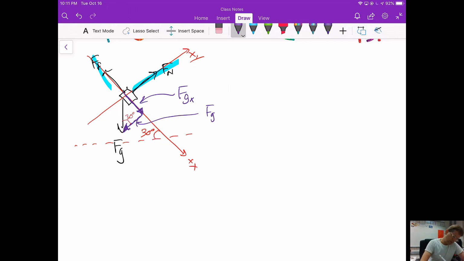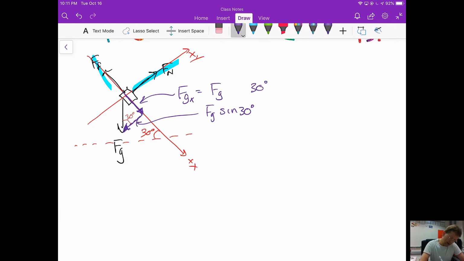So looking at the triangle, you can see that FGX is equal to FG times the cosine of 30 degrees, and FGY equals FG times the sine of 30 degrees. One way or another, you've got to do that geometry, SOHCAHTOA, figure out which is which. Except that I just wrote that completely incorrectly. Darn it. FGX is the opposite to the angle.